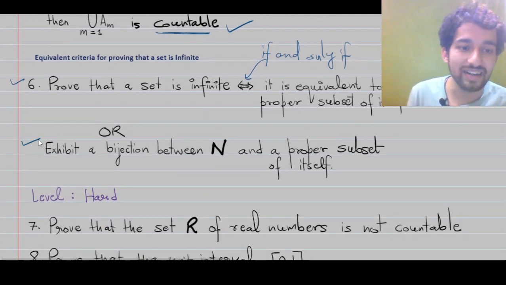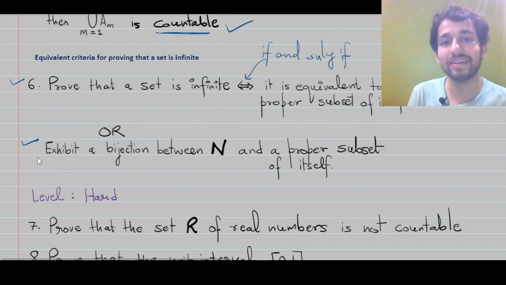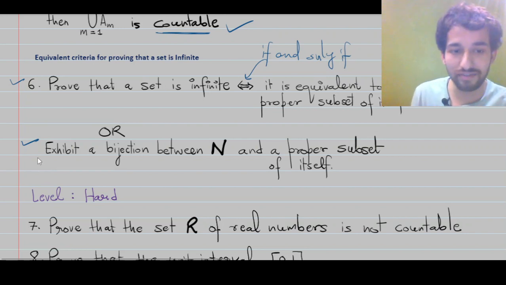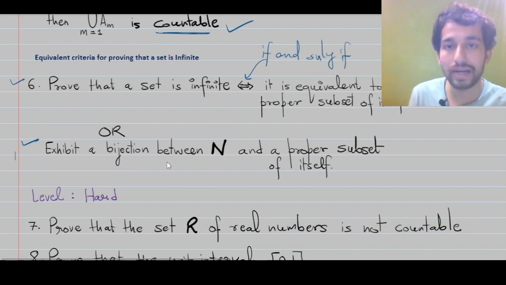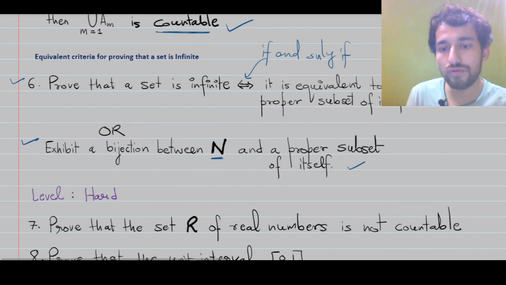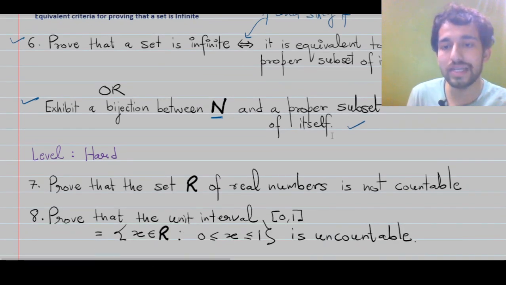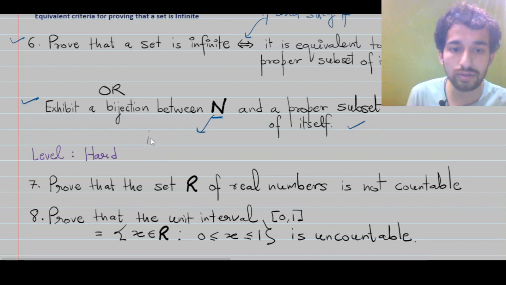It can be said in another way. What I have just explained is that you try to construct a bijection between the set N of natural numbers and a proper subset of itself in order to prove that this proper subset is infinite, because we already know that the set of natural numbers is an infinite set. This information is already known to us.